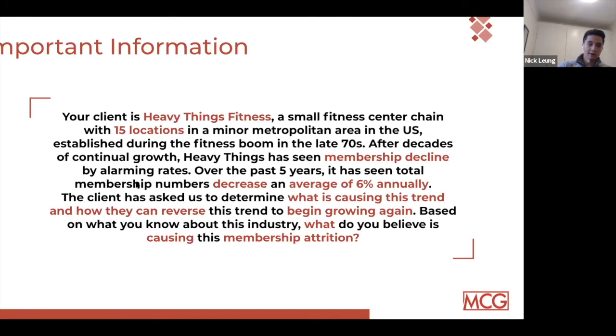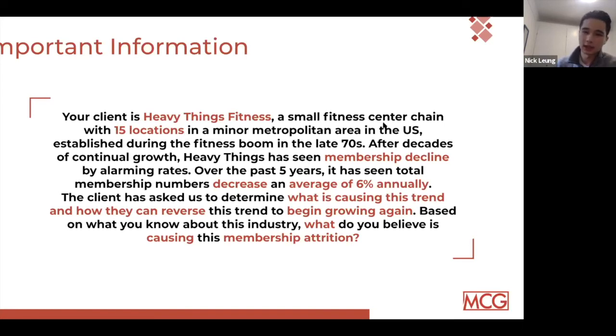So let's see what I have highlighted. The first thing I highlighted was the name of the company, because that's really important. You want to be able to customize the case and constantly refer back to the name of the company. Again, as someone said, the 15 locations are important.